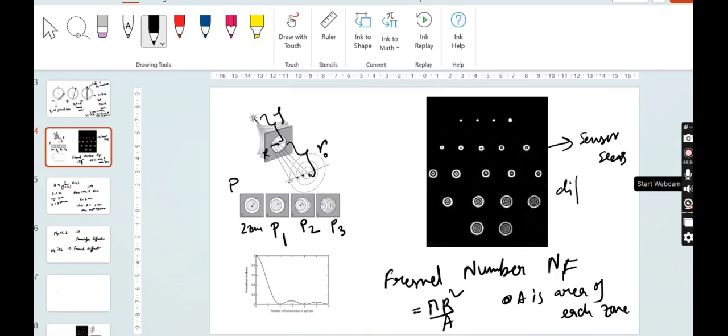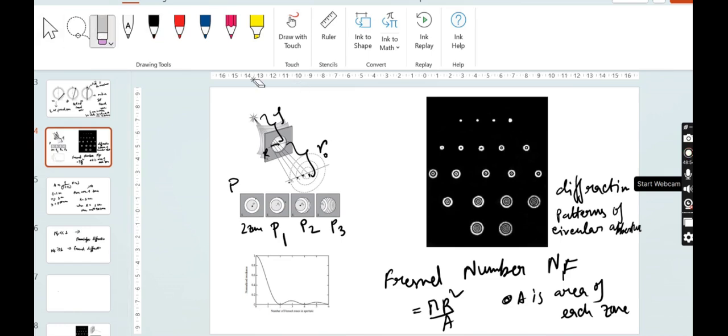So this is the diffraction pattern of a circular aperture of increasing size.